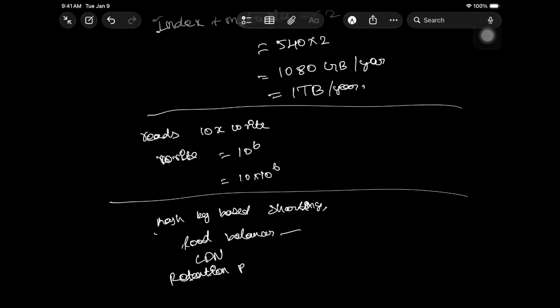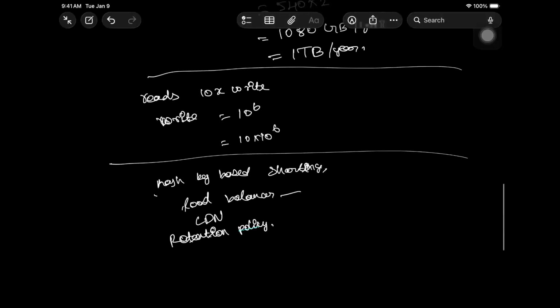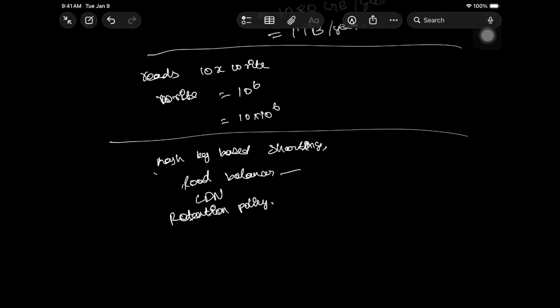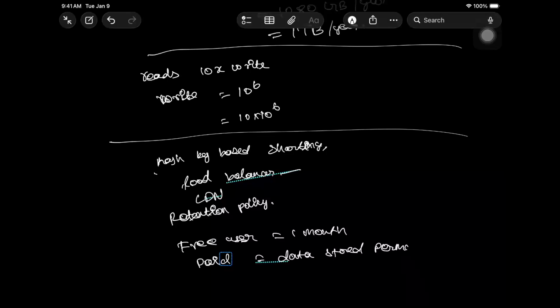In this retention policy, there can be free users and premium users. For free users, the data will be stored for 1 month. For paid users, data can be stored permanently.